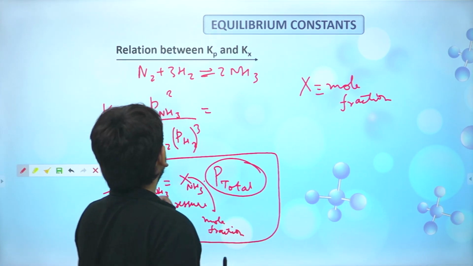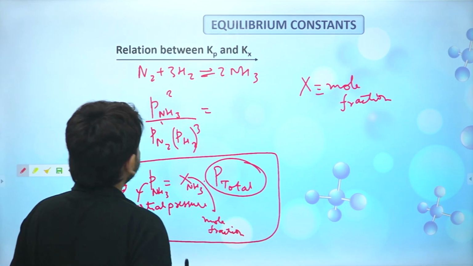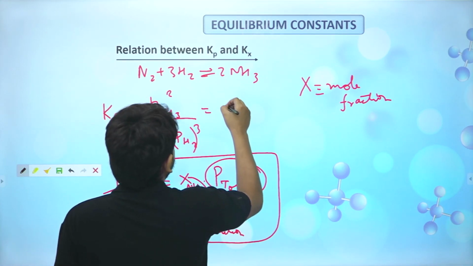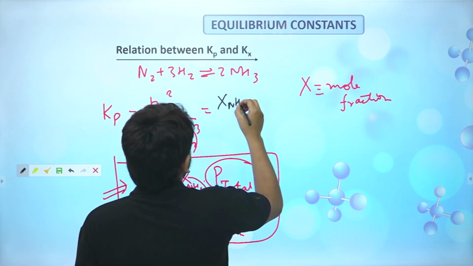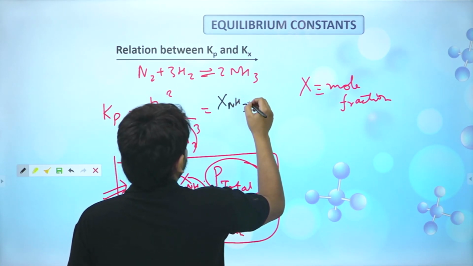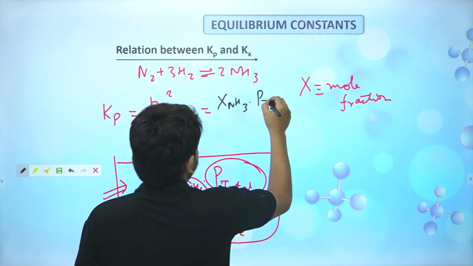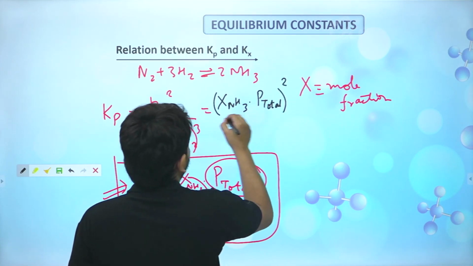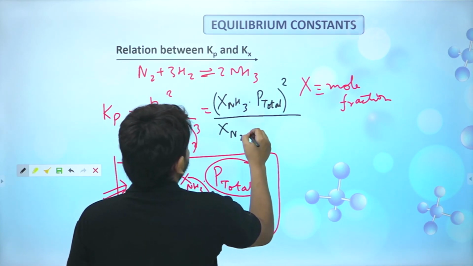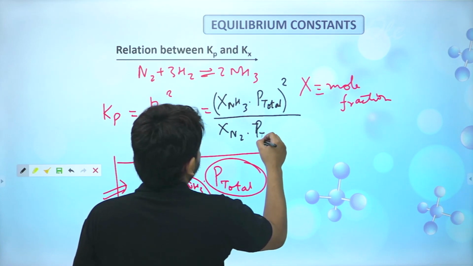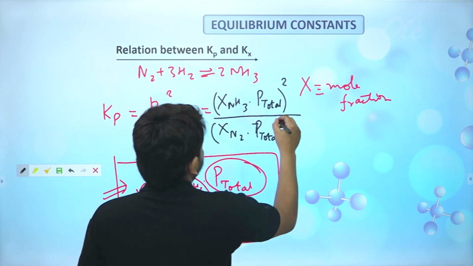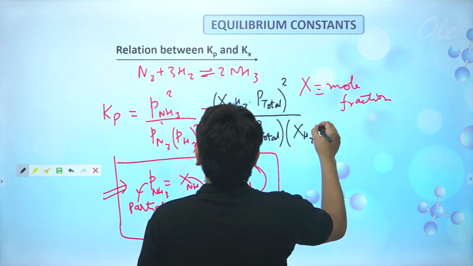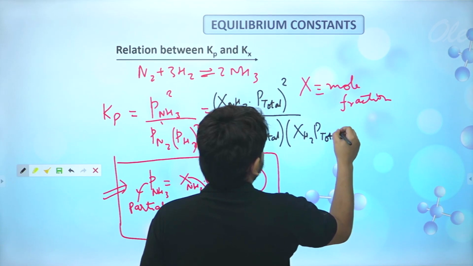Now, this P NH3 whole twice can be written as X NH3 into the total pressure, raised to the power 2, over X N2 into P total, and then X H2 into P total raised to the power 3.